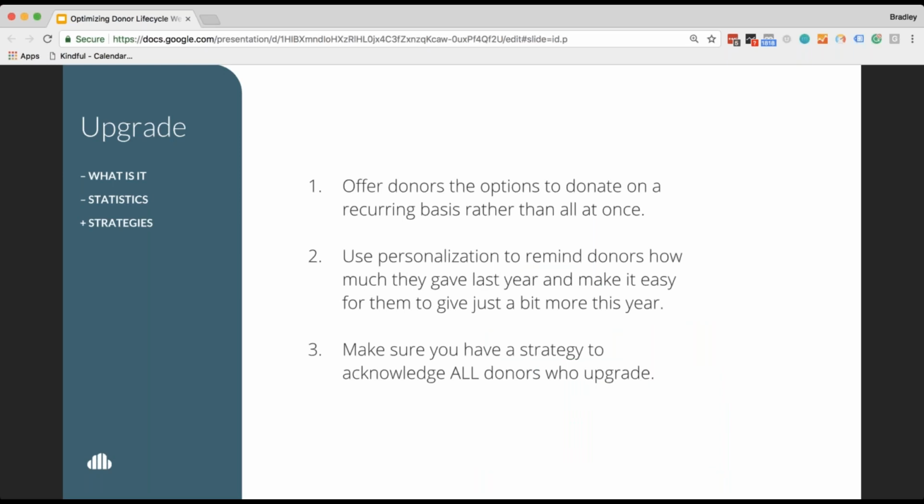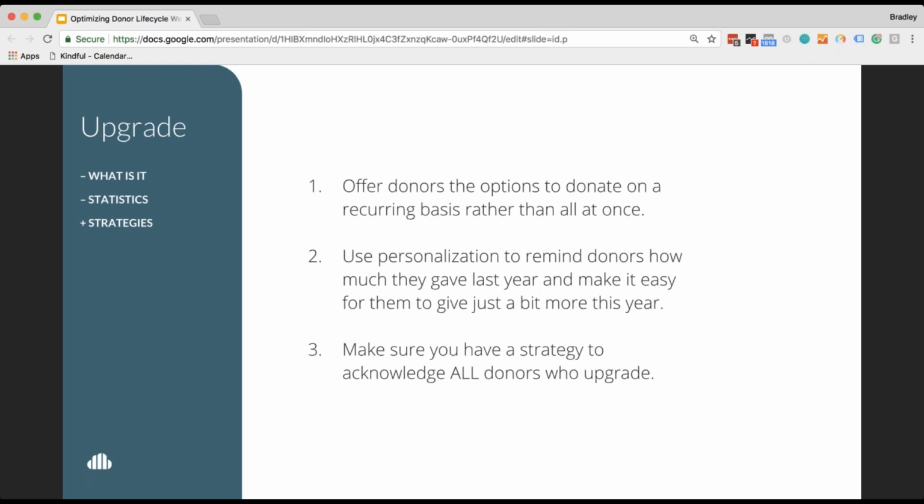And another, I was talking to someone recently on our team, one of our onboarding specialists, Jerry DeLong, and we were discussing a little bit about upgrades and some strategies that you can use. He pointed out that at the organization he used to work with, they really took the opportunity when they wanted to upgrade someone to do matching gifts, to put a timeline on that and say, if you would like to become a recurring donor and just give $10 a month, we have another donor who's going to match that gift, but it needs to be done by the end of the month.